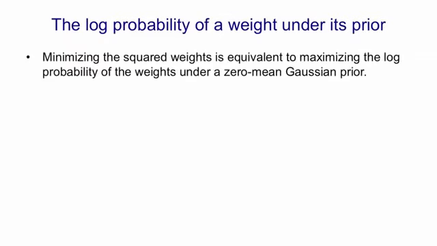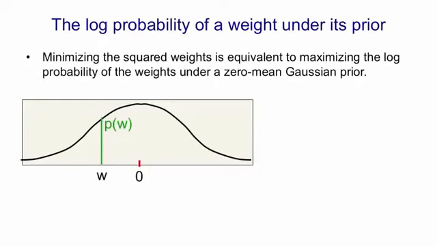So minimizing the squared weights is equivalent to maximizing the log probability of the weights under a zero mean Gaussian prior. So here's a Gaussian. It's got a mean at 0, and we want to maximize the probability of the weights, or the log probability of the weights. And to do that, we obviously want W to be close to the mean 0.